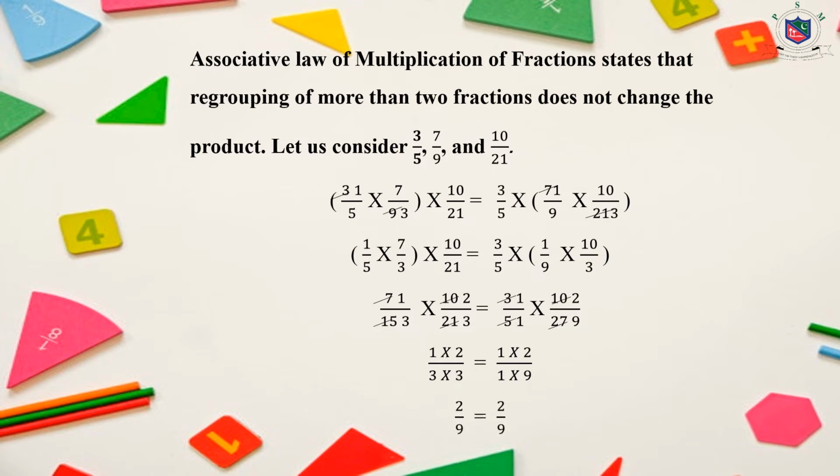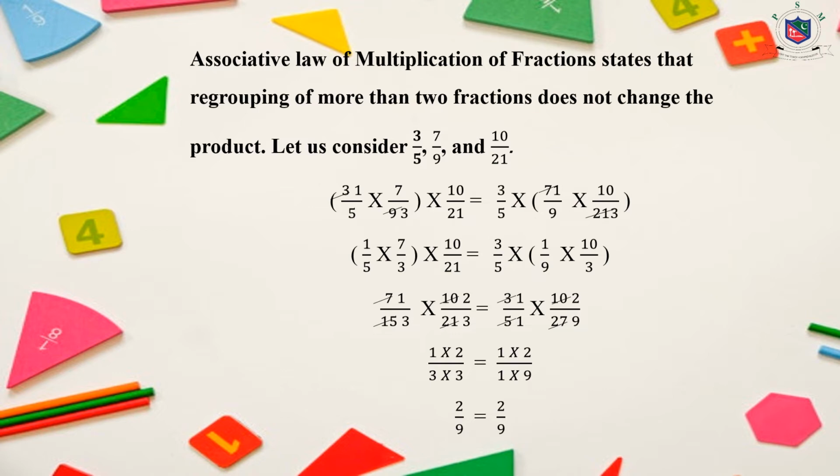So after multiplication we get 2 upon 9 at the left hand side and 2 upon 9 at the right hand side. So this means that we have proved that the regrouping of more than 2 fractions will not change the product. It will not affect the answer.